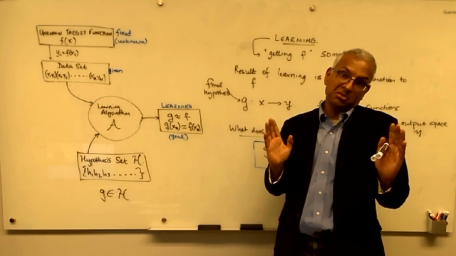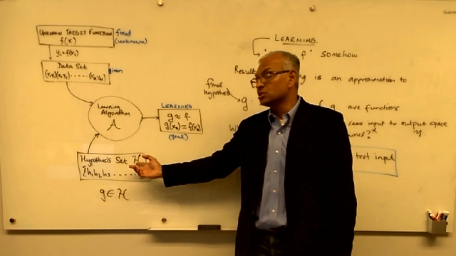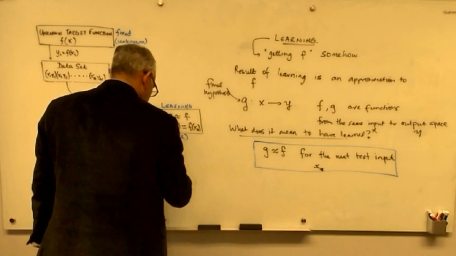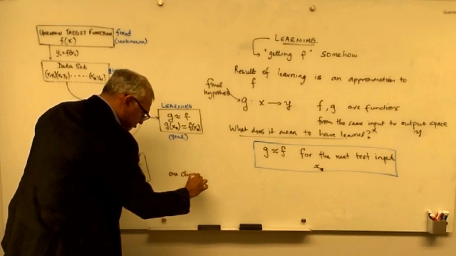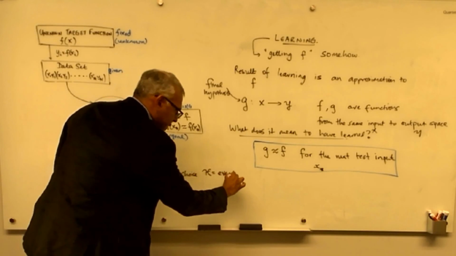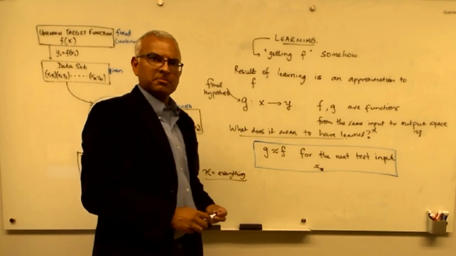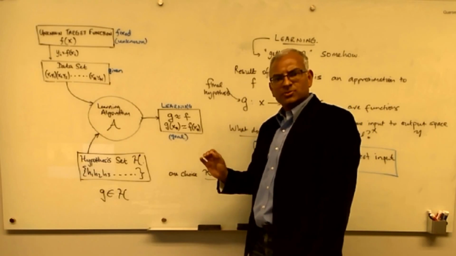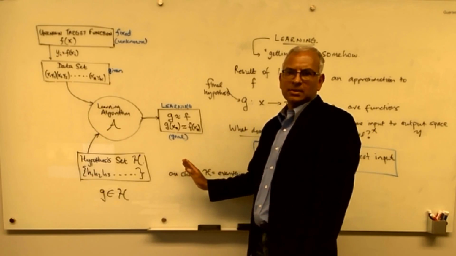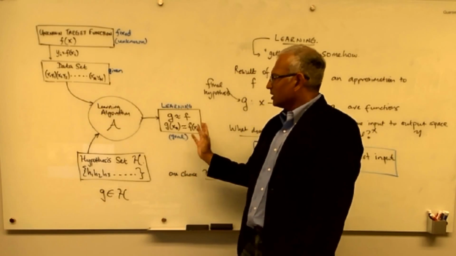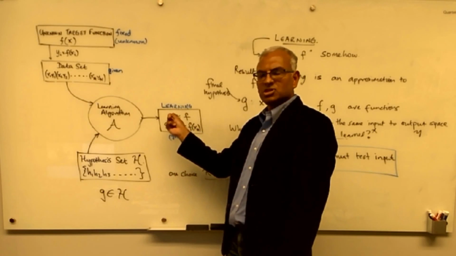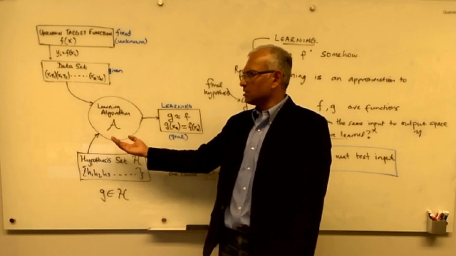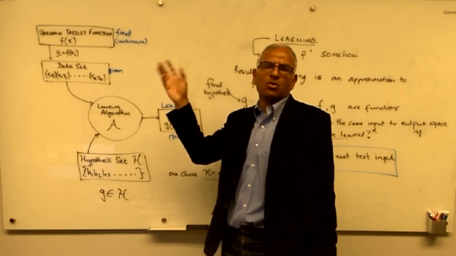If you want, go ahead and choose this H to be every possible hypothesis on Earth. So, one choice: H equals everything. This specific setup does not prevent that. So that is just to convince you that we have not lost any generality here. This is a perfectly general framework in which you can produce a final hypothesis G. If you want, consider H to be everything you want, and then it's not a restriction at all, and the algorithm, that's where all the magic goes on.